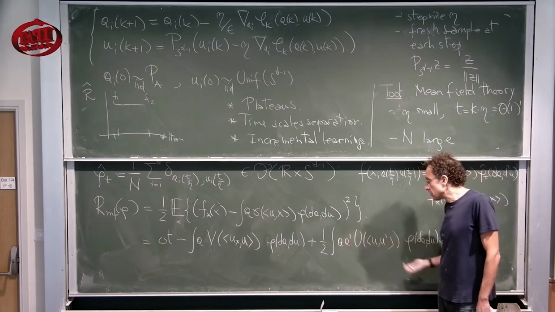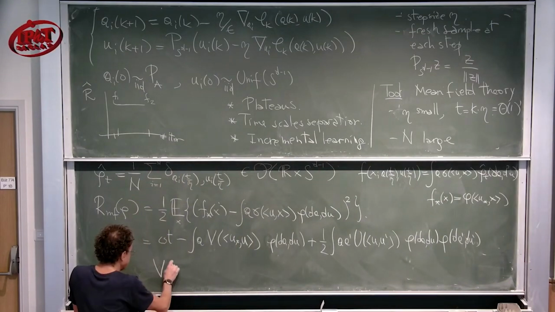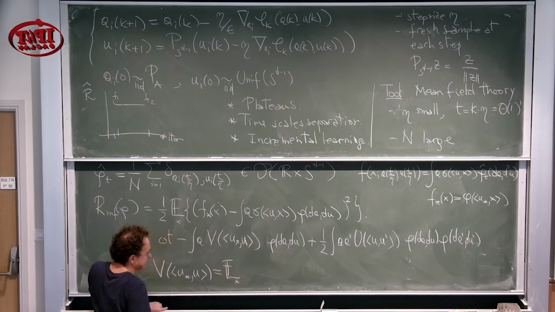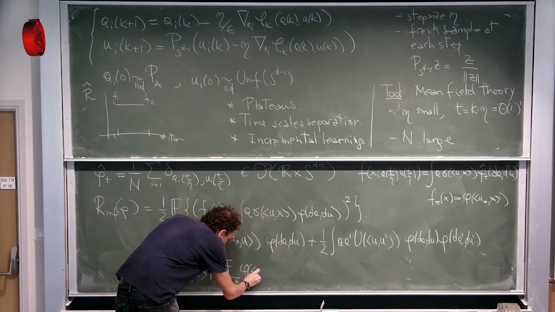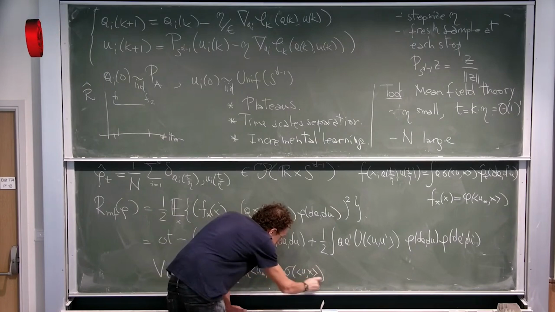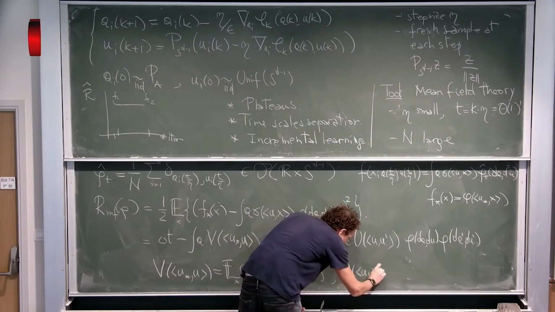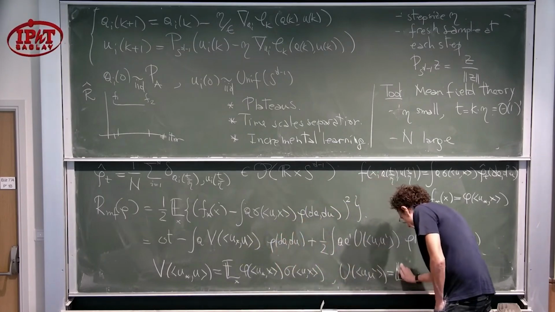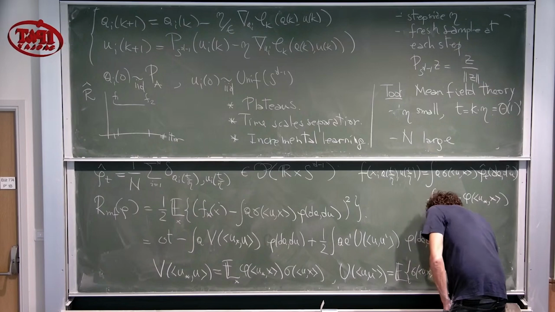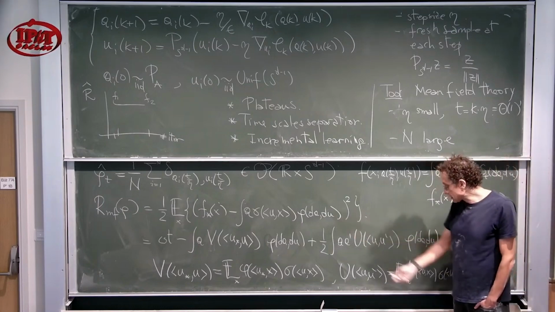Simply by expanding the square, you can write it in this form, where V of u star, u is the expectation with respect to the data distribution of the product of sigma(u star·x) and sigma(u·x), and V of u, u prime is the expectation of sigma(u·x) times sigma(u prime·x).